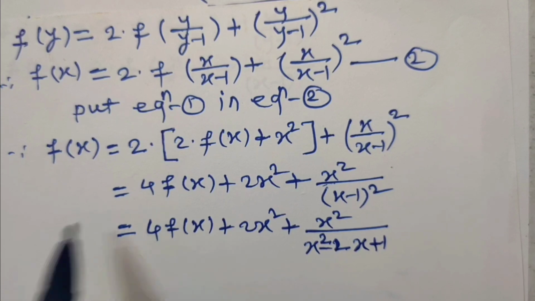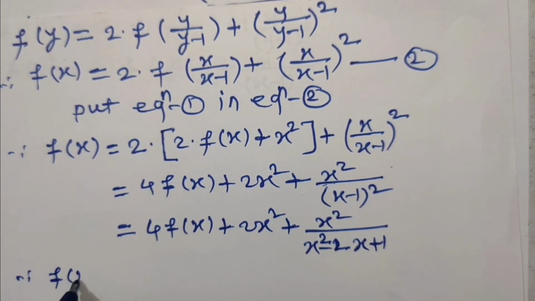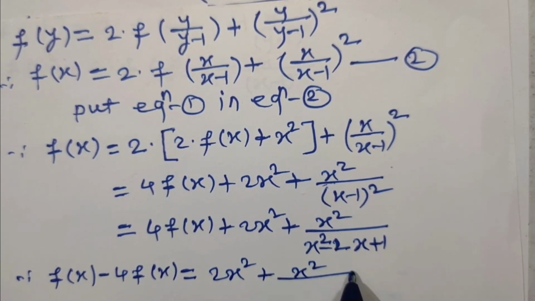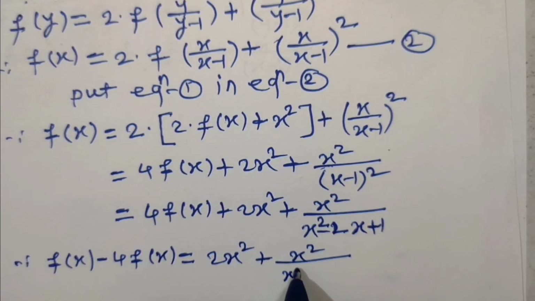Taking this 4 f of x on the left hand side, hence f of x minus 4 times f of x is equal to 2x square plus x square upon x square minus 2x plus 1.